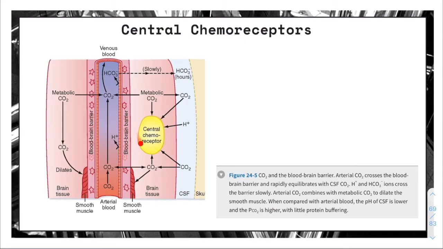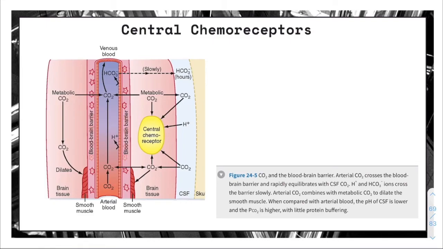This is your central chemoreceptor, which is present in your brain. A chemoreceptor is a receptor that responds to a change in the chemical composition of the blood surrounding it. You have your arterial blood here. Your blood-brain barrier will not allow the hydrogen to get in. Your bicarbonate can slowly get in, but it takes hours.